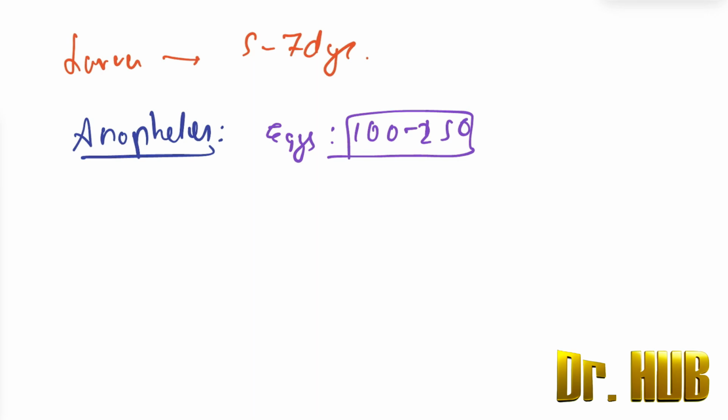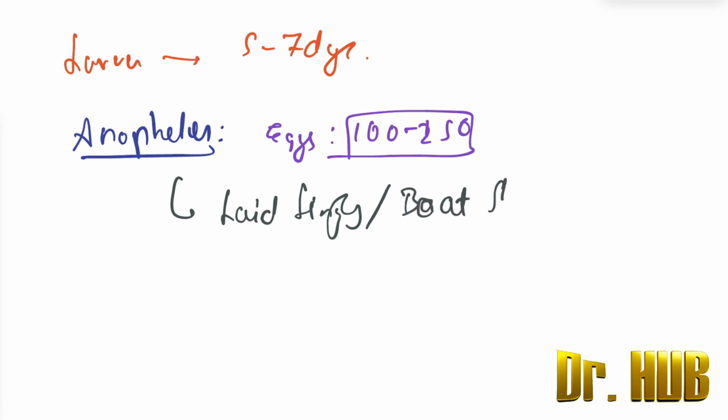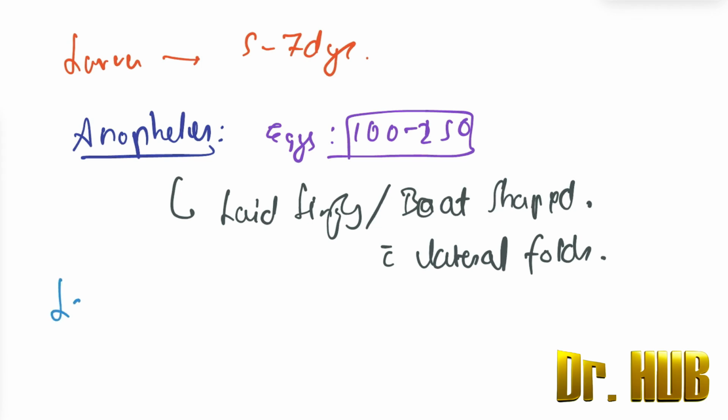In Anopheles, the eggs are laid singly and are boat-shaped with lateral folds.